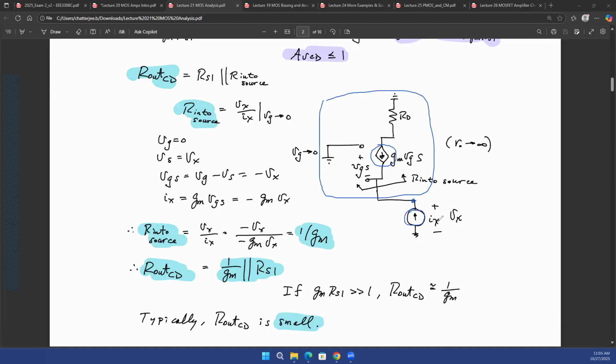Question: what happened to the RS, the resistance at the source? So again, when you find any Thevenin equivalent resistance, let's say you want to find the Thevenin equivalent resistance looking into this particular terminal. This is the black box. Let's say there was an input voltage here, and there is a load resistance connected here, right?